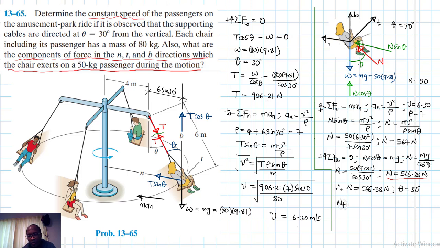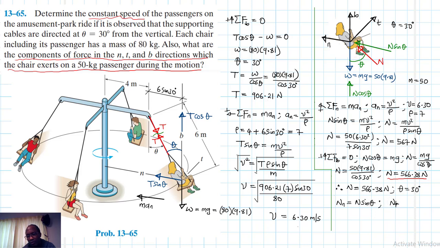The component along the N axis is just going to be equal to N sine theta, that's the component of the normal reaction along the N axis.